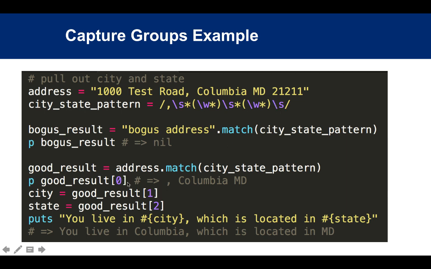So the zeroth element in the array that gets returned is going to be the full match, but then the city is going to be result 1, the first capture group right here, and the state is going to be the second capture group right here.